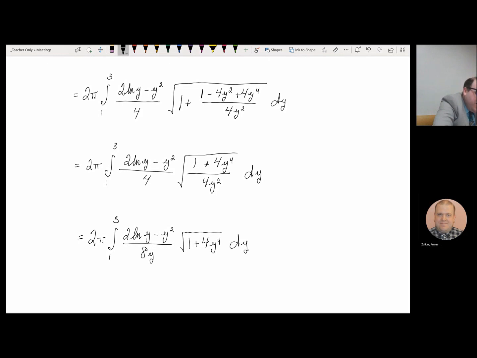Square root of 4y squared is 2y. Multiplied by 4, that's where that 8y comes from. What happened now?